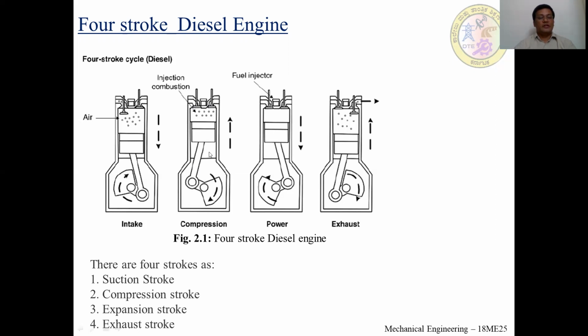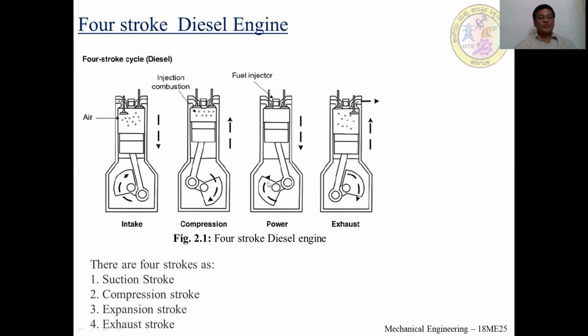When the piston moves from BDC to TDC, the charge of air gets compressed into the combustion chamber. At the end of this stroke, the fuel, the diesel, is sprayed into the cylinder by the fuel injector. As the fuel comes into contact with the compressed hot air, it gets ignited and initiates the combustion process. So this is about the compression stroke.